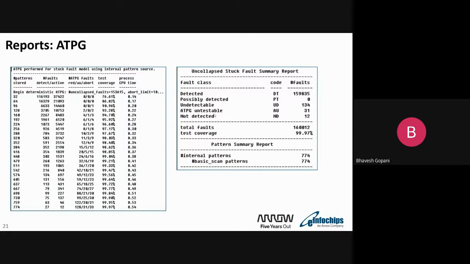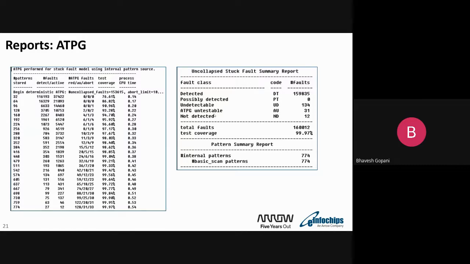Let's say some boundary related faults, input pad related faults, or output side pin related faults. Those we are not able to cover using our DFT patterns, and those kinds of faults also do not cause functionality failures on the chip. So in other words, we can go with this as undetectable faults.